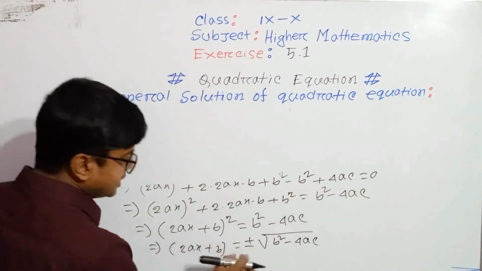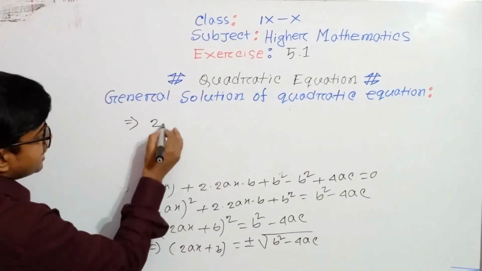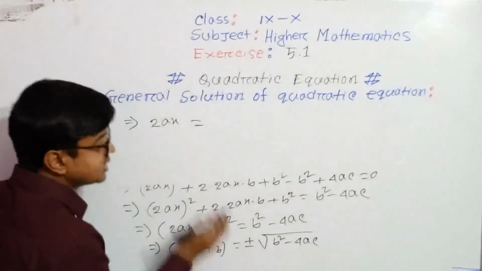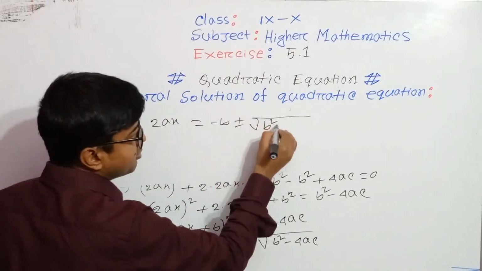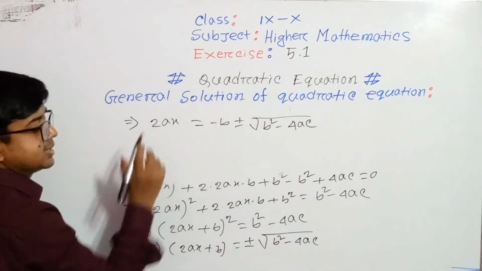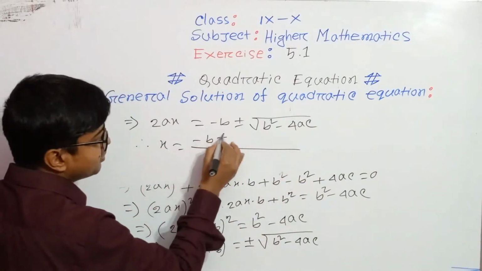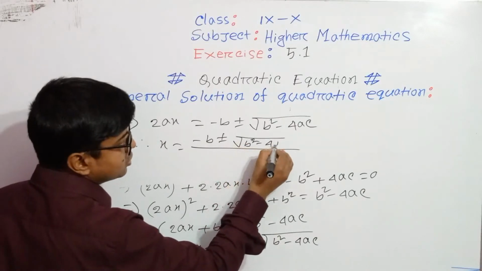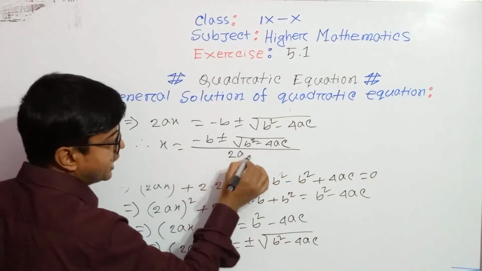Here after this line we can write 2ax equals b, after side change it will be minus b, plus minus root over b squared minus 4ac. And here 2ax, so it will be x equals minus b plus minus square root b squared minus 4ac, by 2a.